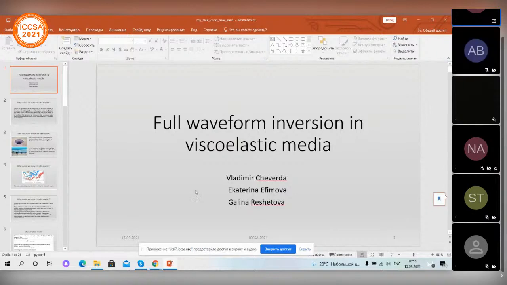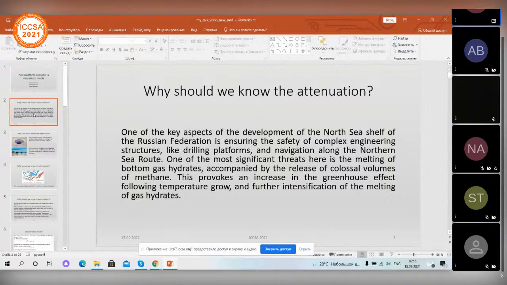Okay. Thank you very much for the introduction. So I'm going to talk about simultaneous recovery of all five parameters of viscoelastic media. I mean the wave propagation velocity, P and S wave, and also the quality factors for P and S wave.